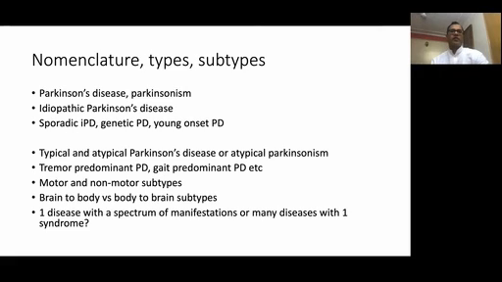Right. So we'll jump into the nomenclature first. A lot of names have been called, a lot of isms and this and that. So right now the word that we use mostly for the disease of Parkinson's disease is idiopathic Parkinson's disease. What looks like idiopathic Parkinson's disease but it's not, or we are not sure, then we can call it Parkinsonism.